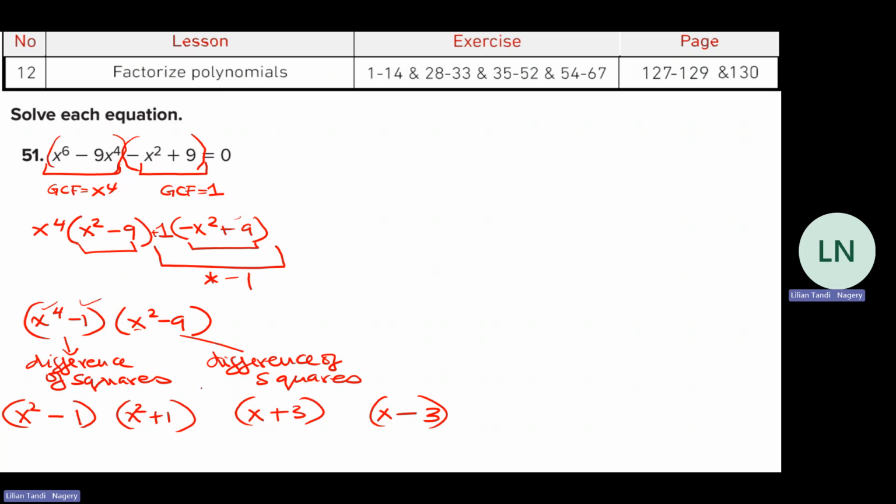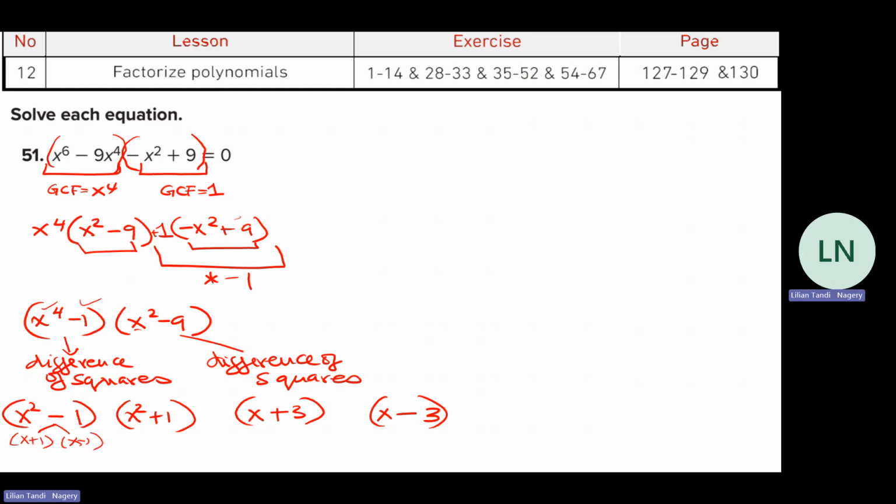And then this is still a difference of squares right here. It's going to open two brackets: x plus 1, x minus 1.